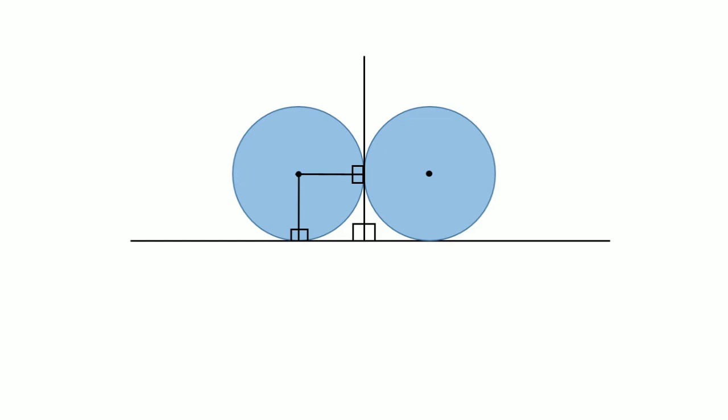Now this figure is a square, so this line is also equal to this. Similarly, on the right side this is equal to this. So this complete line is a straight line which is equal to 2 times the radius of the circle.